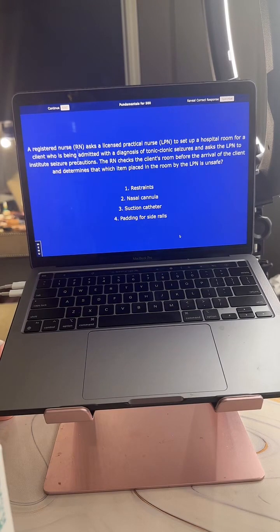I'm going to say what I'm going to say afterwards, after y'all answer. Answer the question and then tell me why. Which item placed in the room by the LPN is unsafe for this client with a diagnosis of tonic-clonic seizures?